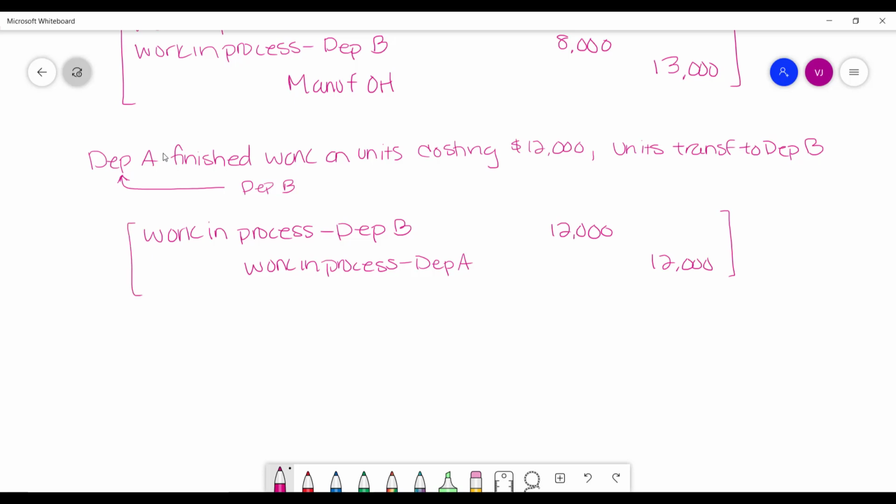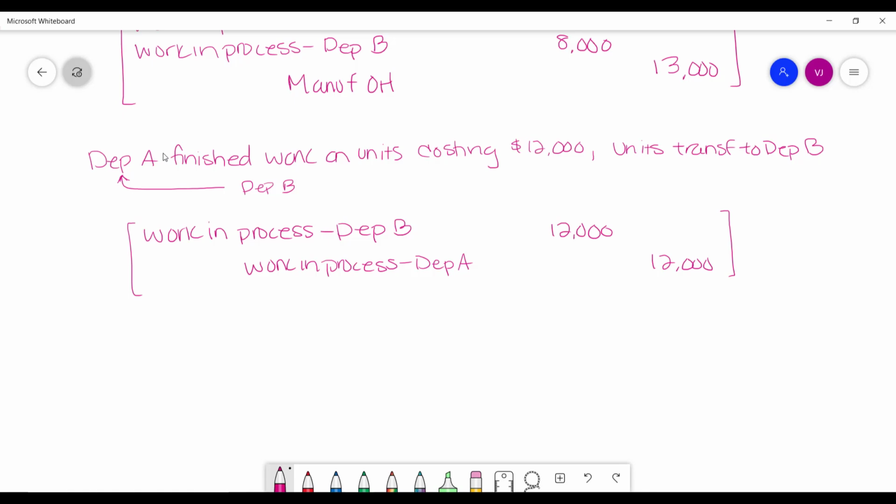So all that's happening here is you're moving the costs from the first processing department's work in process account to Department B's work in process account. Because now Department B has to finish up those goods. So far it cost Department A $12,000 to complete its work. So now it's just shifting those costs into the next department so that Department B can add more costs to those units to get them to completion.